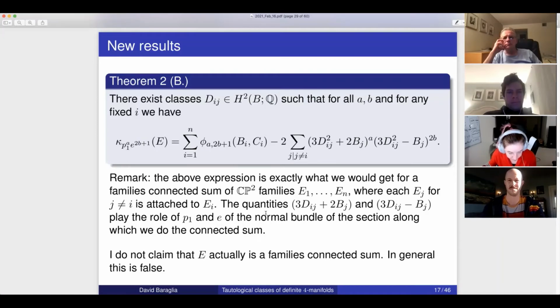So I'm not actually claiming that my family is a connected sum. I'm just saying that the formula for the tautological classes resembles a connected sum.